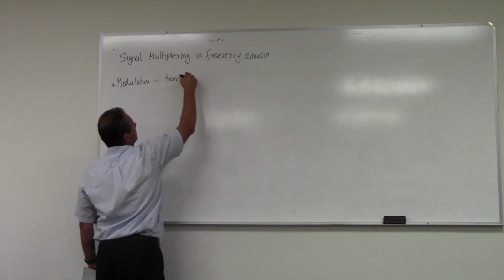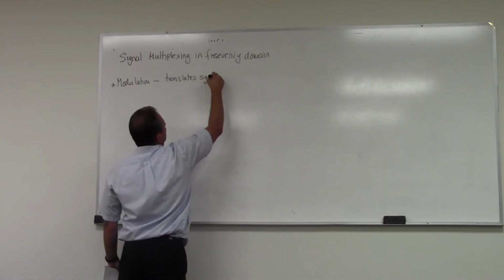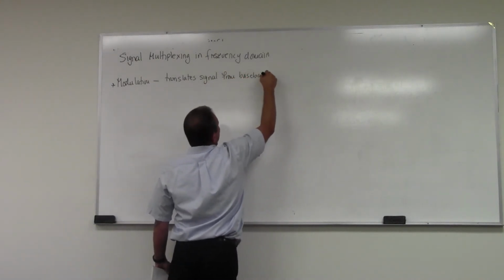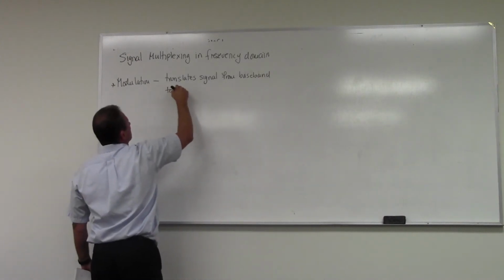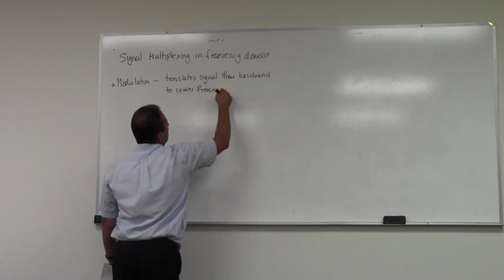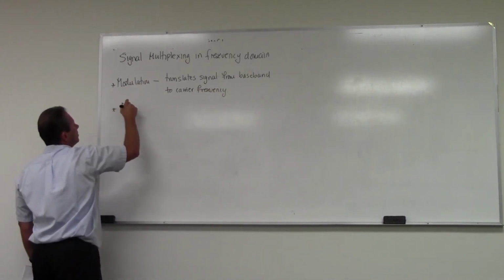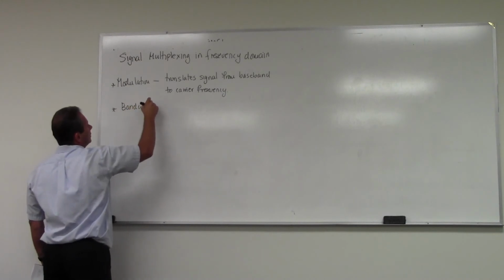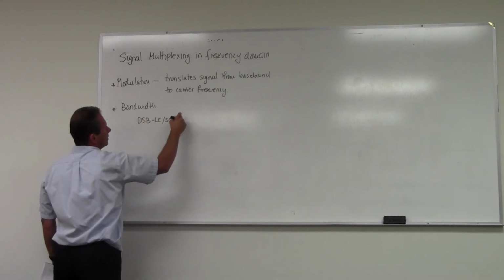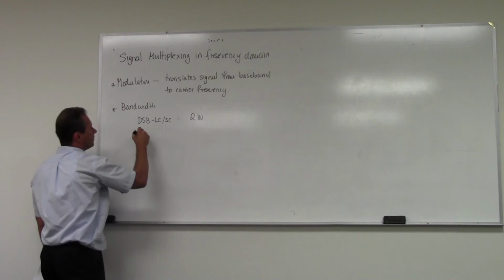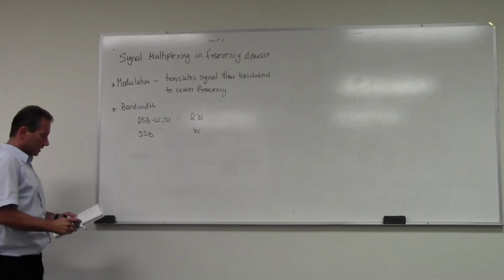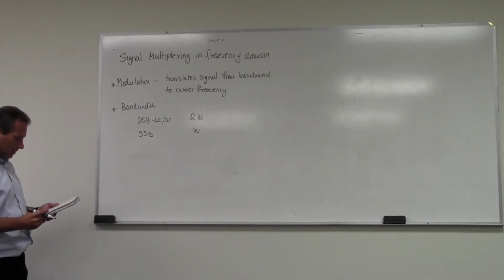It translates a signal from baseband to carrier frequency. The bandwidth required depends on the modulation scheme that we use. If we use double sideband, either large carrier or suppressed carrier, what do we need? 2W. If we use the single sideband scheme, then we need just W. Okay? The easiest way to understand what is happening here is through an example.